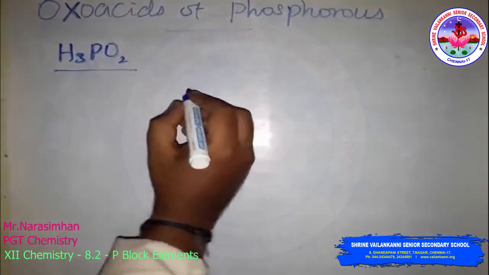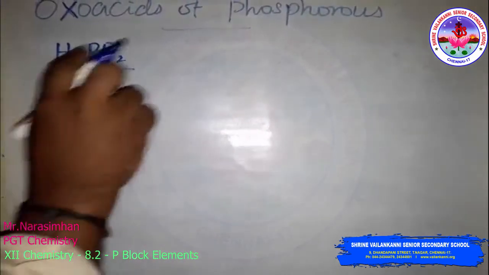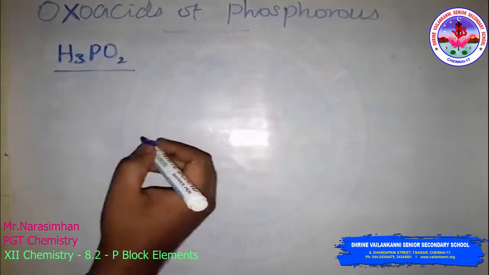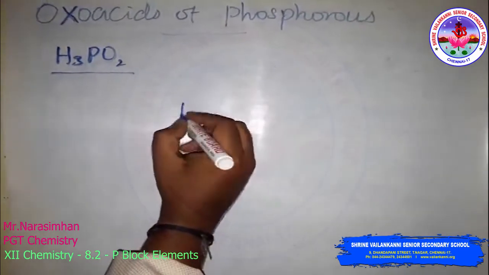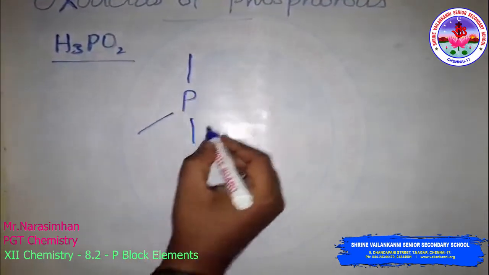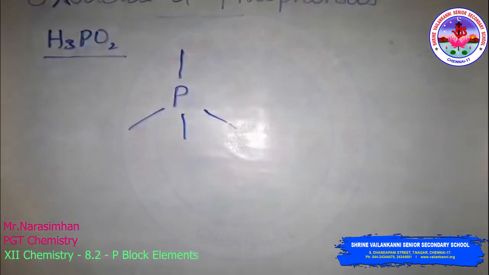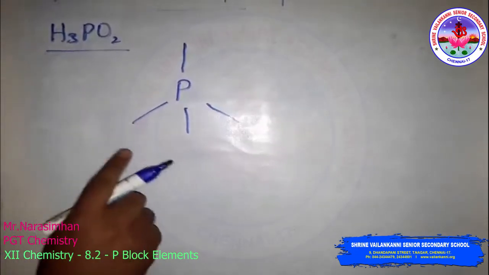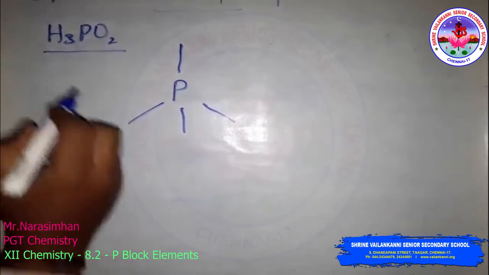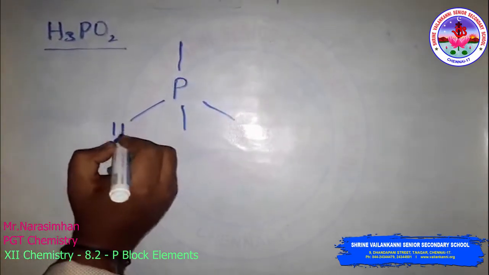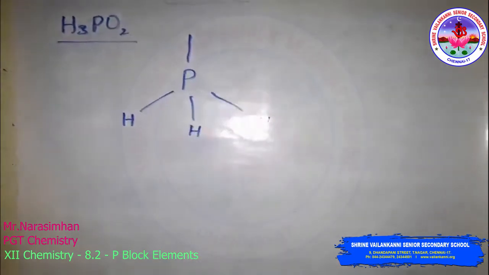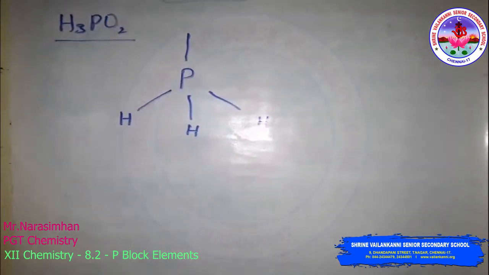The trick is that all these oxo acids of phosphorus are tetrahedral in structure, so just draw P in a tetrahedral manner. Then you have to count the number of hydrogens and oxygens. The number of hydrogens is 3, so put 3 hydrogens, and the number of oxygens is 2.